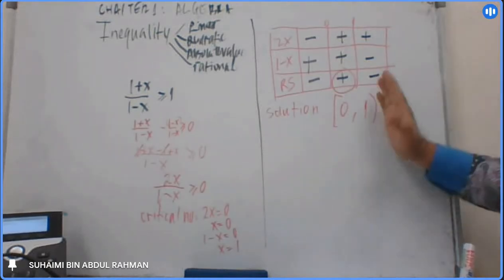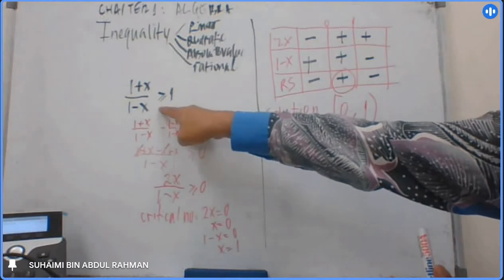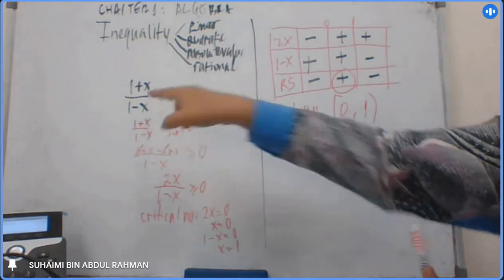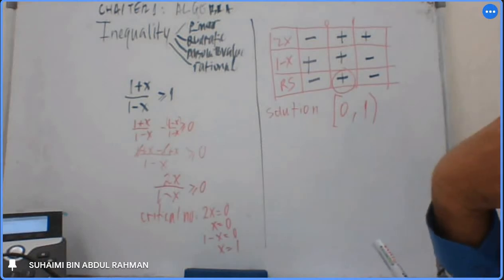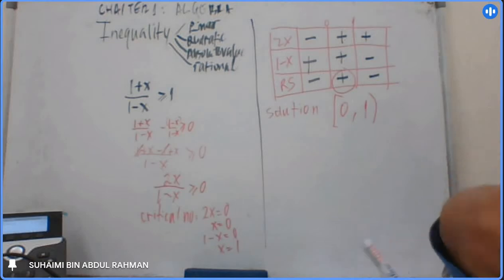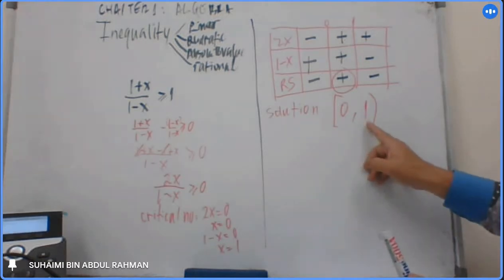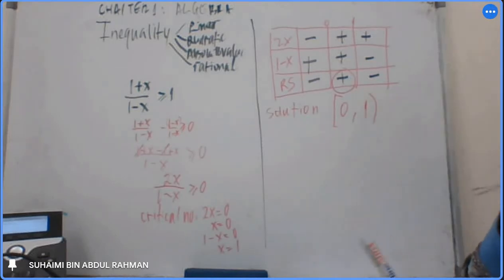But when we include 1, the denominator of our original inequality becomes 0. We want to avoid this, and to avoid it we exclude 1. So only 1 we exclude.